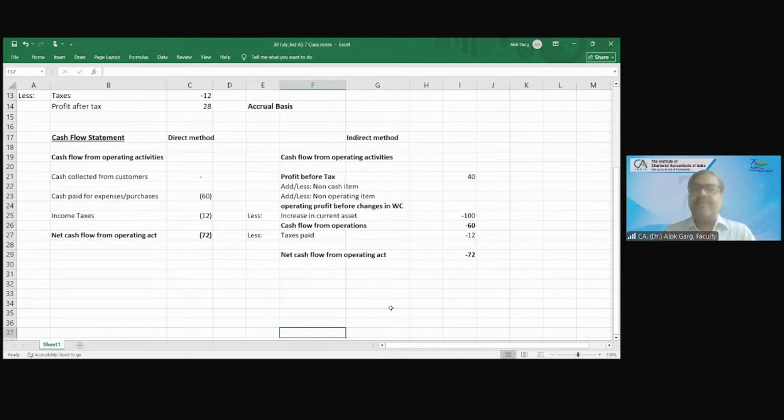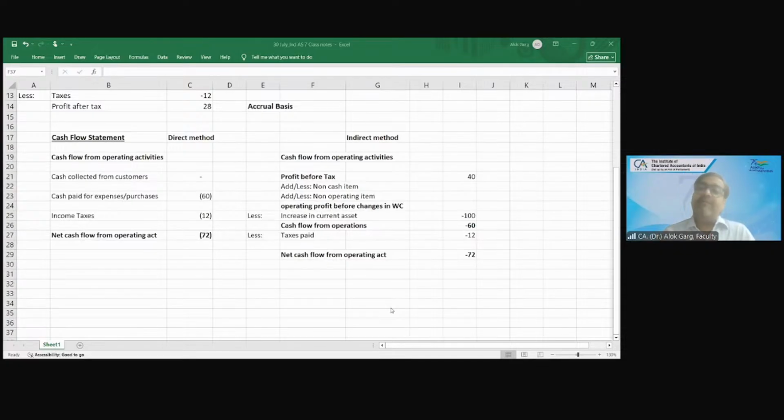And friends, what are these three activities? Operating activity means activities relating to the principal revenue producing activity, your ordinary activity, the hardcore operations of the business.